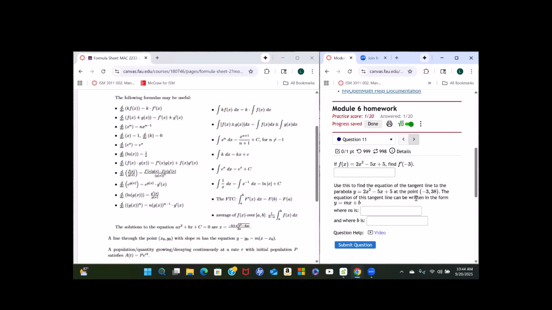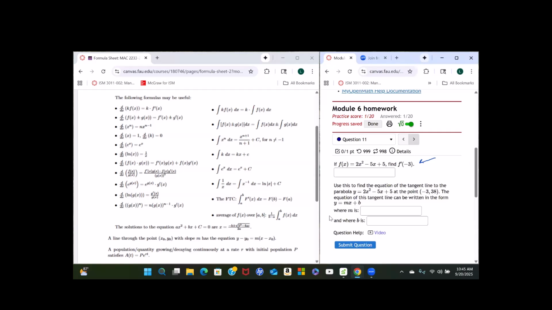Use this to find the equation of the tangent line to the parabola at the point -3, 38. That means x is -3. I want to know what f prime of x is, and then I'm going to plug in -3. If f of x equals 2x squared minus 5x plus 5, find f prime of -3. That's the question.